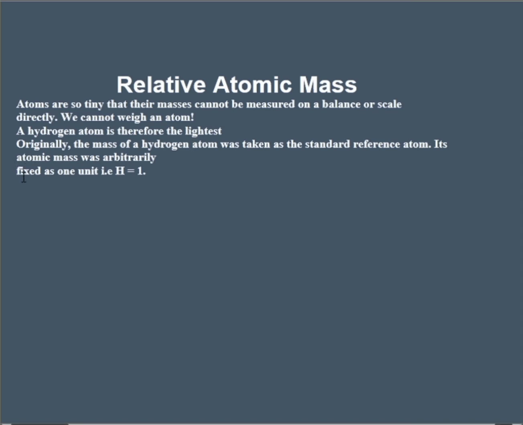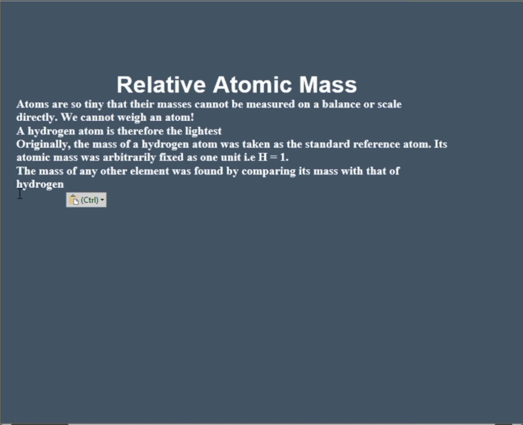Its atomic mass was arbitrarily fixed as 1 unit. The mass of other elements was found by comparing its mass with that of hydrogen.